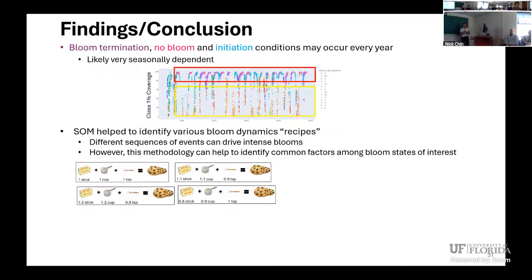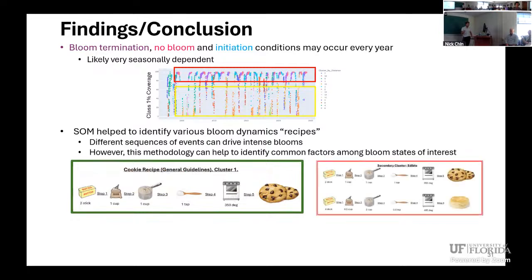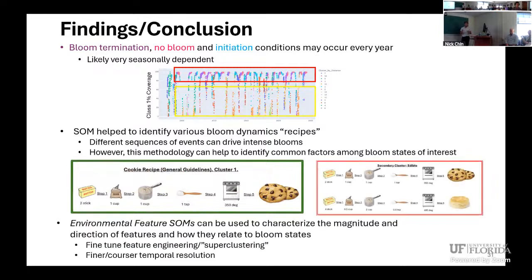bloom states of interest, whether it be the termination, no bloom, initiation, or these different recipes to get to these bad or magnifying bloom states. So those regimes I had shown previously can be used to characterize the magnitude and direction of these features and how they relate to bloom states.